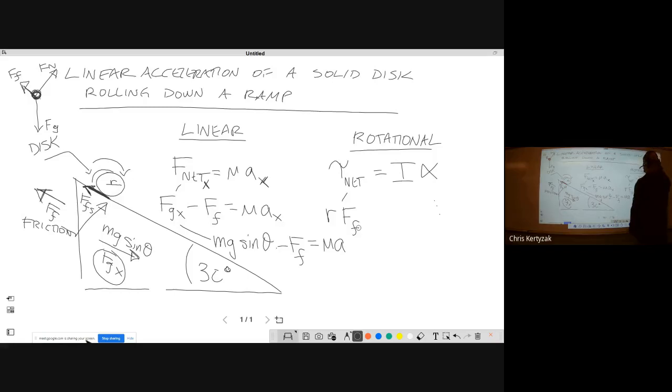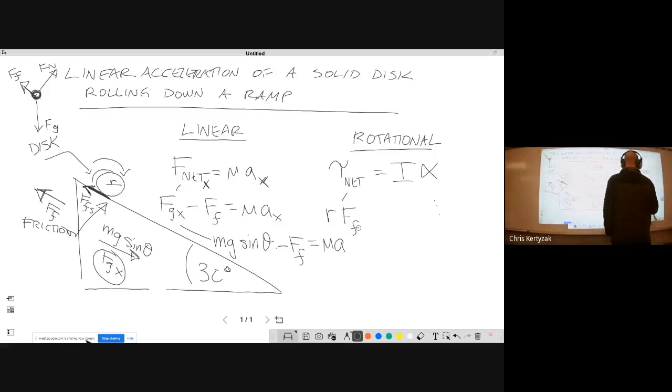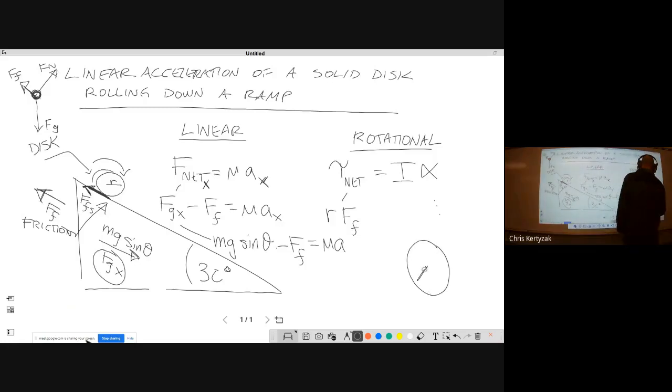Because remember that R in my picture goes down like this, and then the ramp goes like this, and the friction force is like that, right? So the torque created by friction is the frictional force times R.